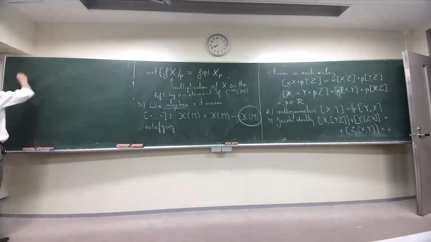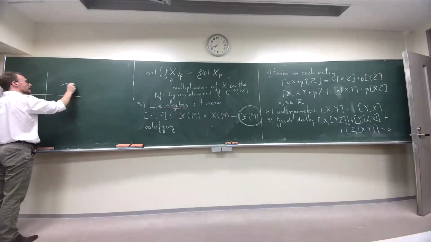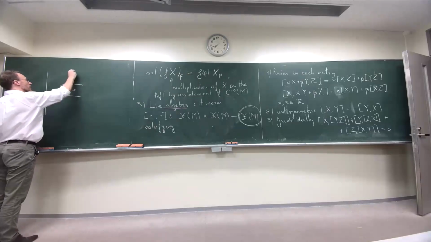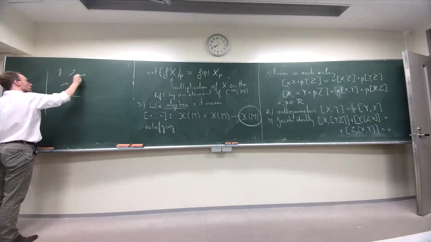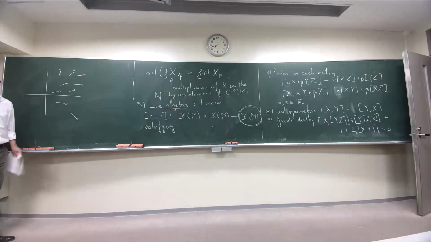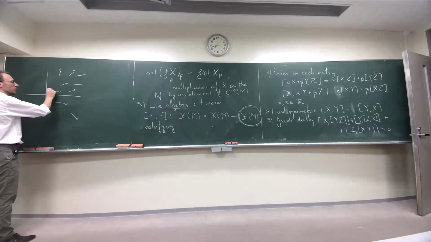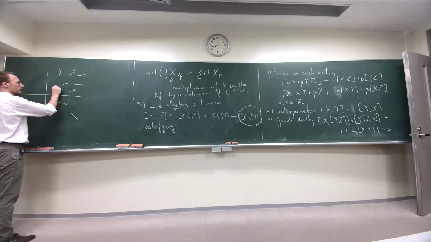Okay, now let me just do a picture. Maybe you have already seen some vector fields. So a vector field, remember, at every point associates a tangent vector. This is a vector field on R2. And you have probably seen also some curve like this.